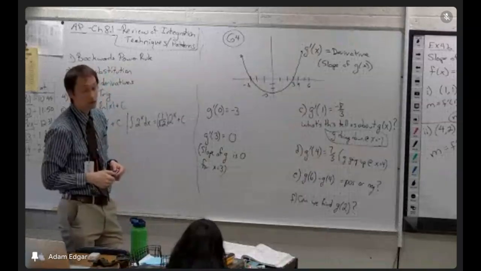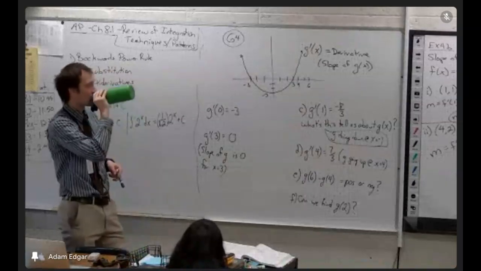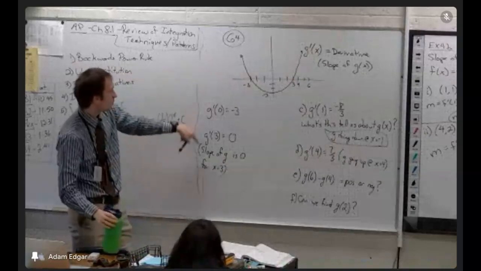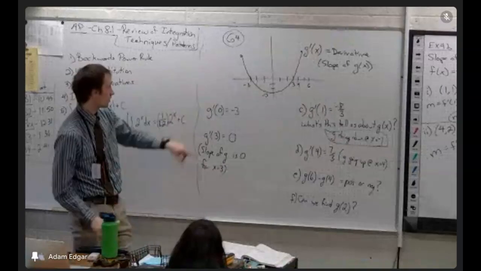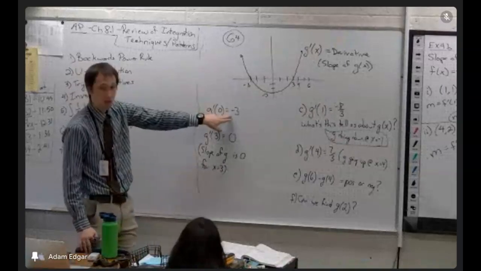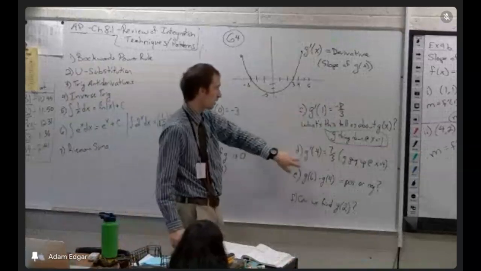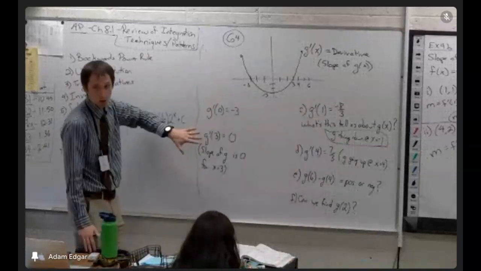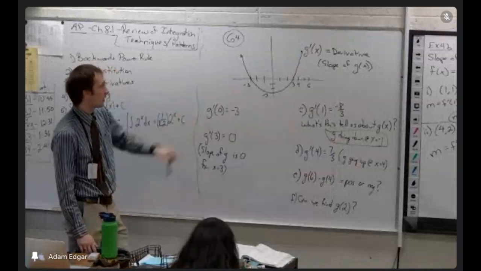Eventually. But these are not the points on the G curve. These are the points on G prime. So this is just telling you the slope. So you know the slope of G here, you know the slope of G here, and here, and here. But you don't know any points on the actual G curve. Yeah, it's right there.